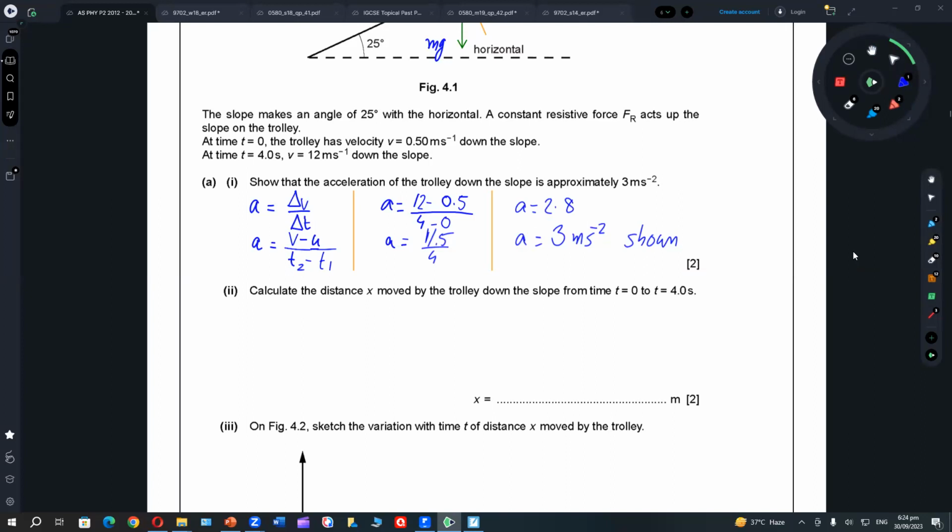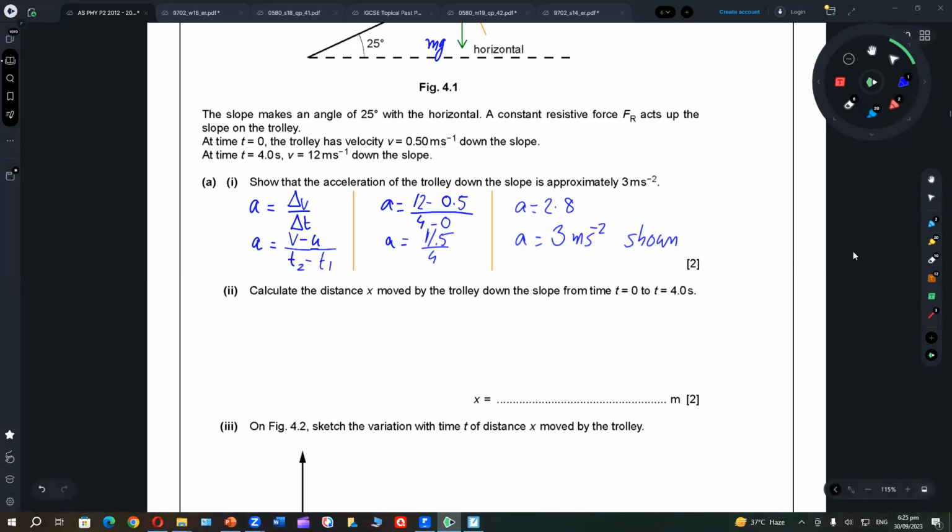Calculate the distance x moved by the trolley down the slope from 0 to 4. So we have the acceleration and the velocities, so we can think about using the equations of motion.